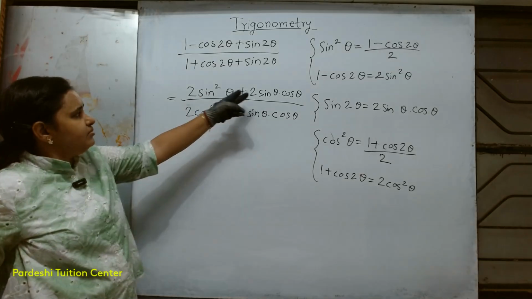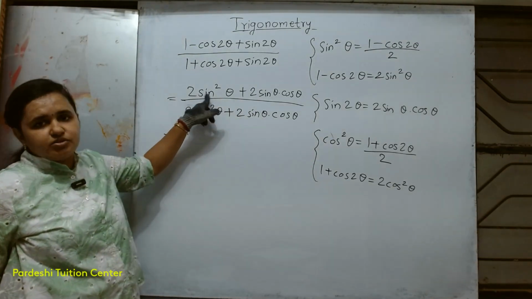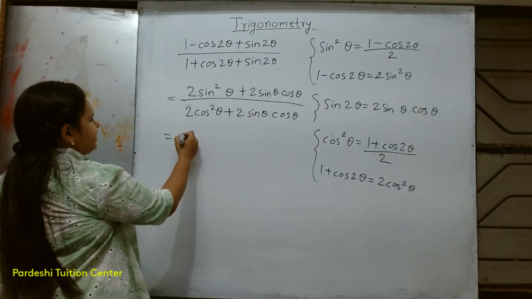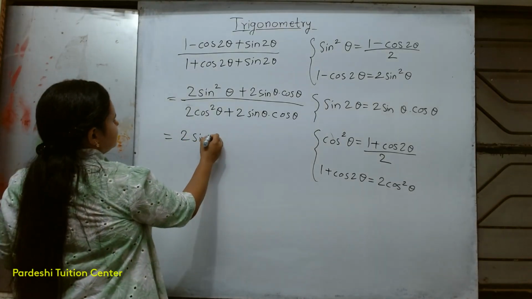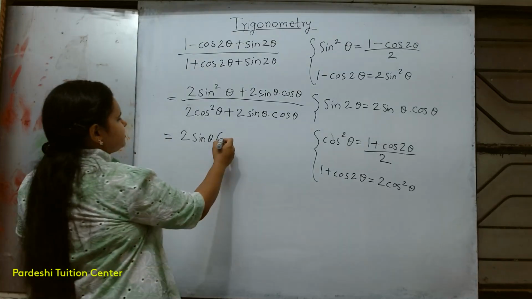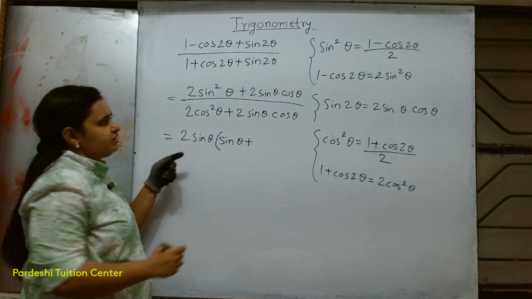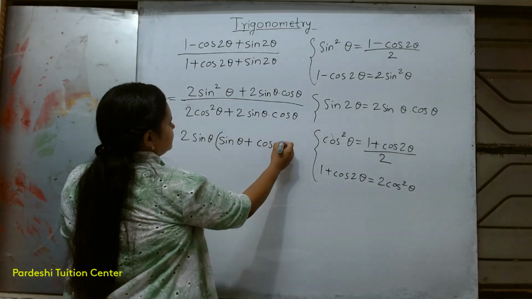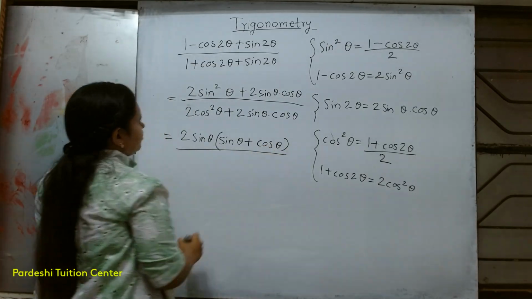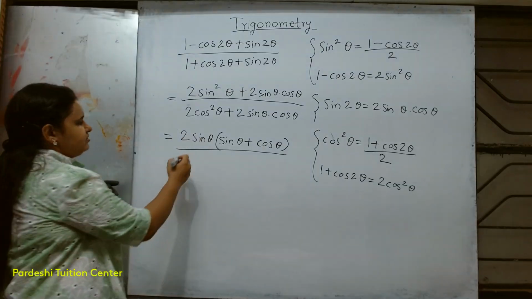So from the numerator we can take common 2 sin theta. If we take 2 sin theta common, what is remaining is sin theta plus cos theta. Upon, again in the denominator we can take 2 cos theta common.